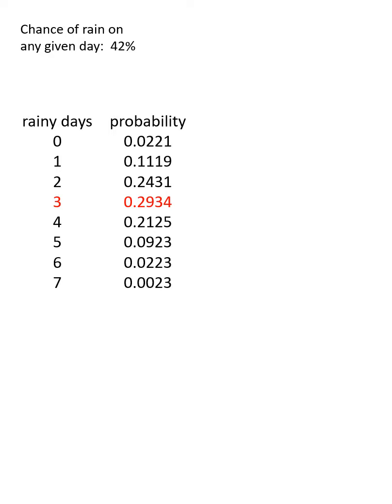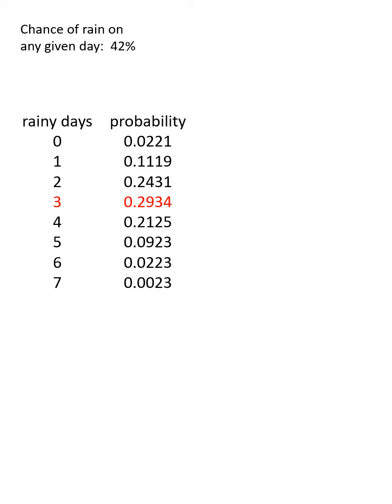Well, the first thing I ask myself is, what's the probability of having 3 rainy days? But that can mean a lot of different things, couldn't it? Let's take our week to go Sunday through Saturday. Sunday's the beginning of the week and Saturday's the end of the week, sort of like a traditional calendar.